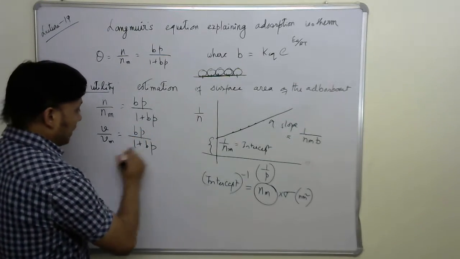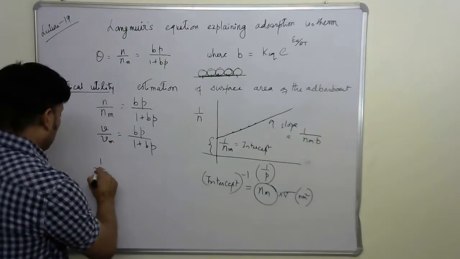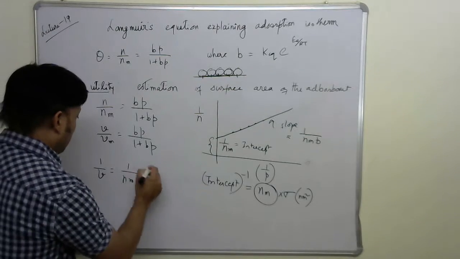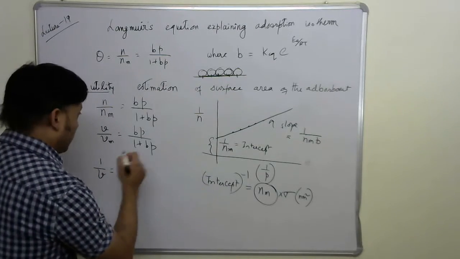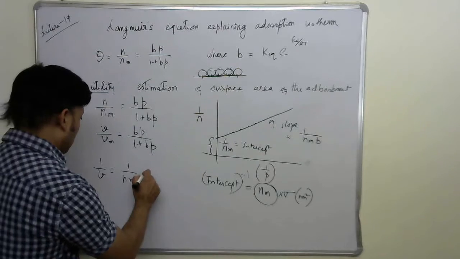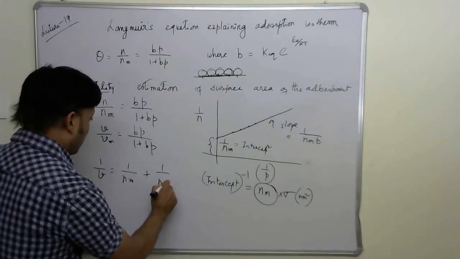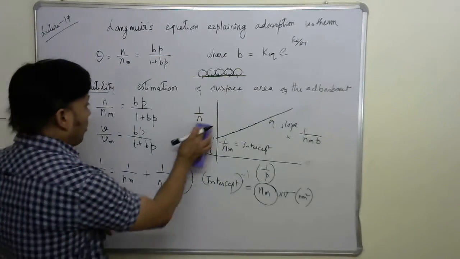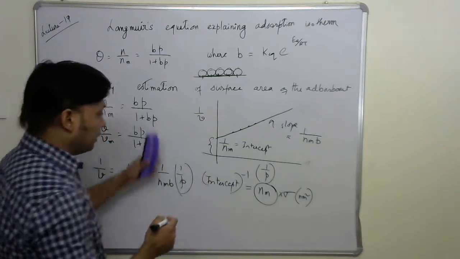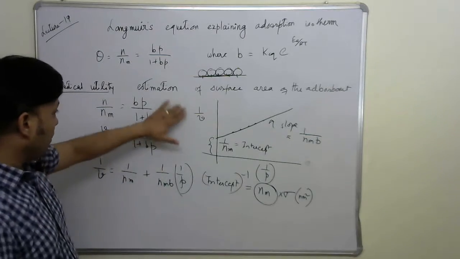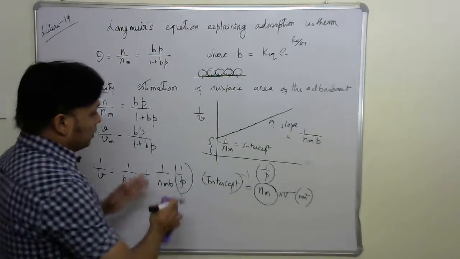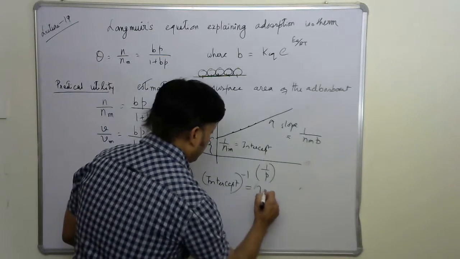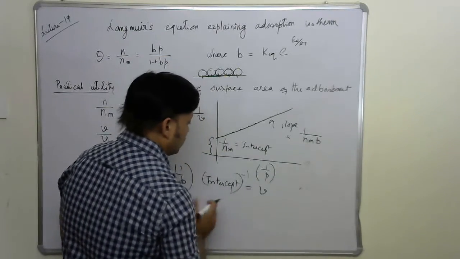The equation then takes the form with the 1 over V term instead of 1 over n, and the rest is identical. So the graph plot also becomes identical, but instead we have 1 over V. The reverse of the intercept would then give you Vm, the volume required for the monolayer.